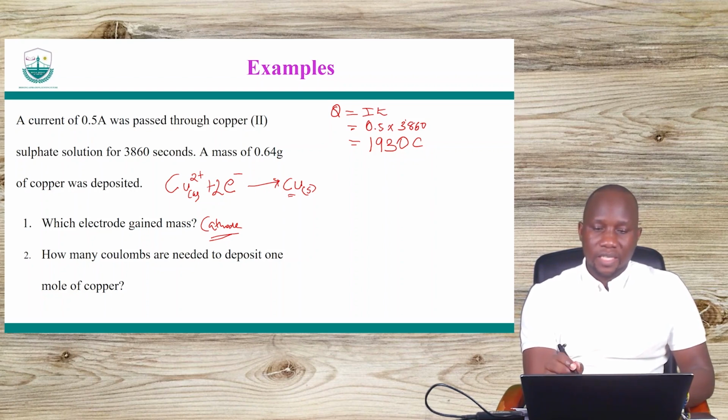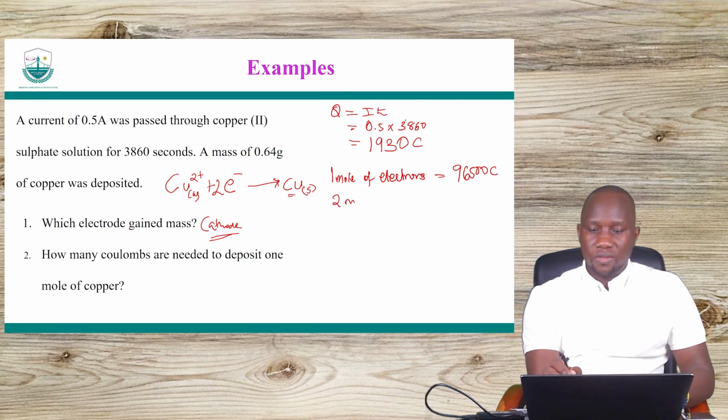If I'm to rephrase that statement, 1 mole of electrons has a charge of 96,500 coulombs, right?